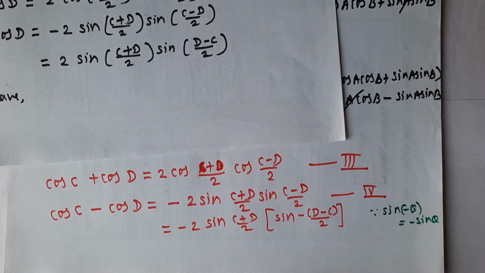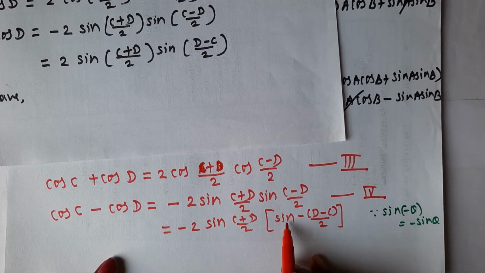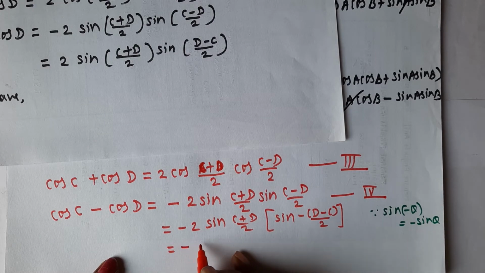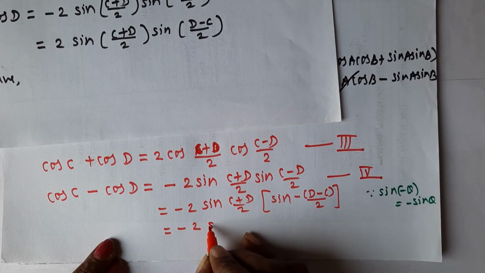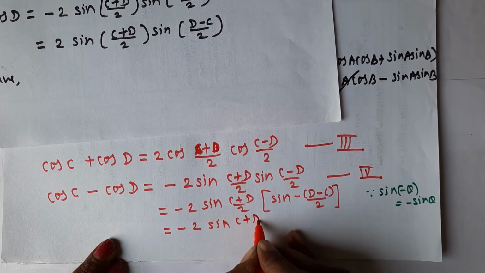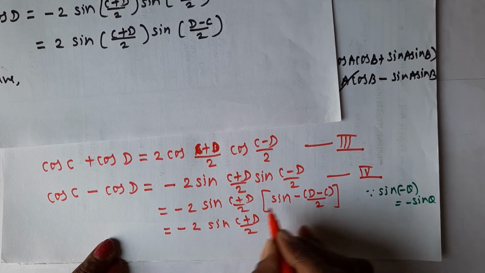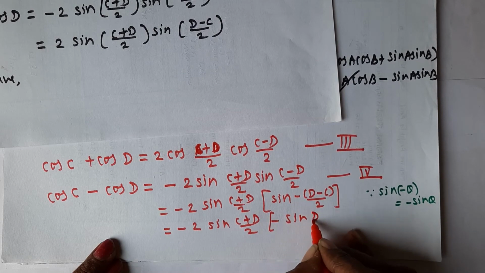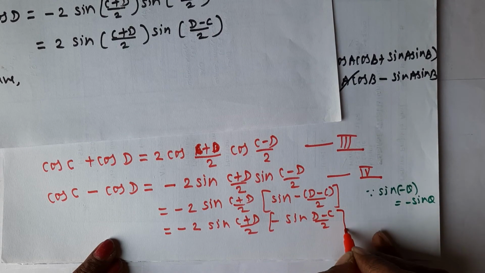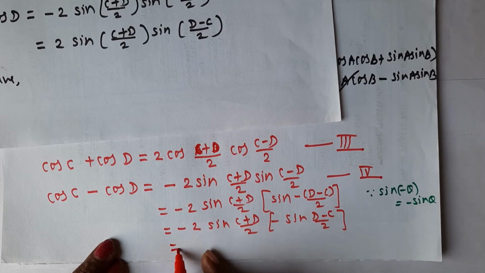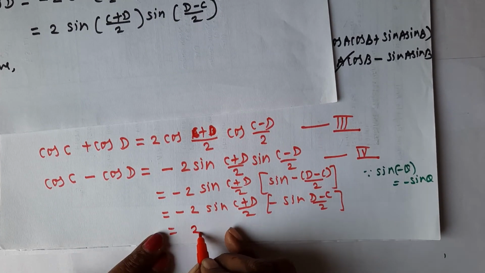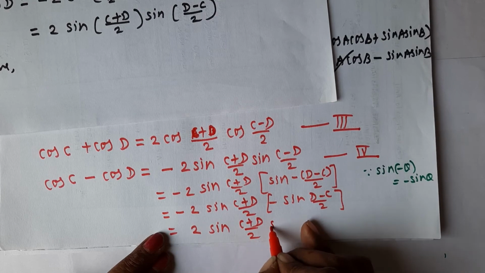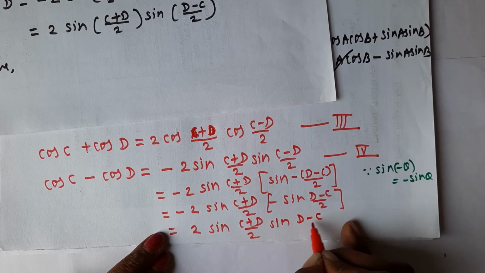Then this sin(-theta) becomes minus sin theta. Therefore this will be minus 2 sin((C+D)/2), take this minus sign outside the bracket, this will be minus sin((D-C)/2). This minus sign and this minus sign become plus, and this becomes 2 times sin((C+D)/2) sin((D-C)/2).